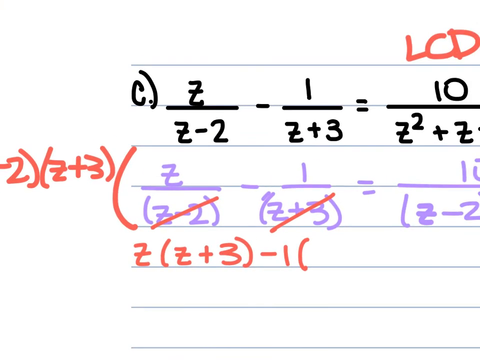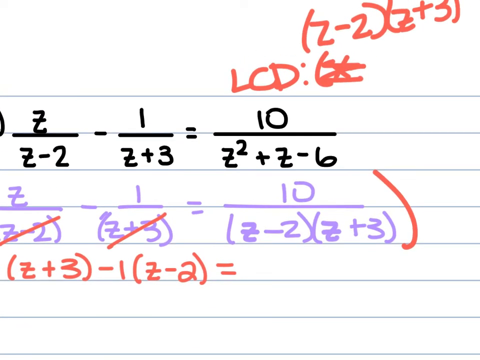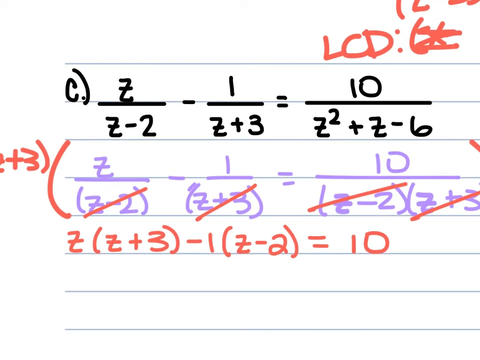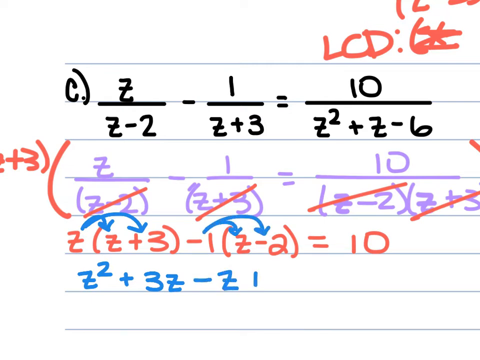What's left over is the z minus 2 is equal to, and then that third fraction has both, so it's just going to be equal to 10. So we are going to distribute the z in to get z squared plus 3z, and then we're going to distribute that negative 1 in, so it's going to be negative z plus 2 is equal to 10.